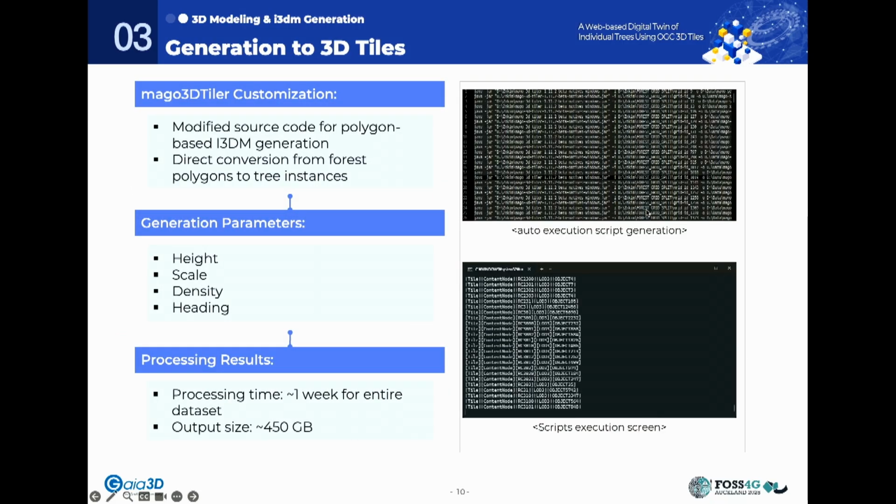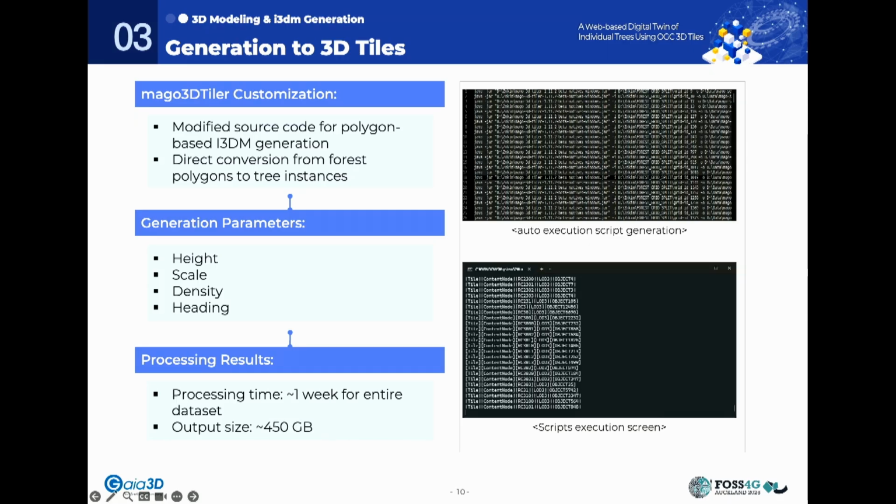Now, let me explain how we actually generated the 3D tiles. We modified the source code of Mago 3D Tiler to support polygon-based I3DM generation. This allowed us to directly convert forest polygons into individual tree instances.